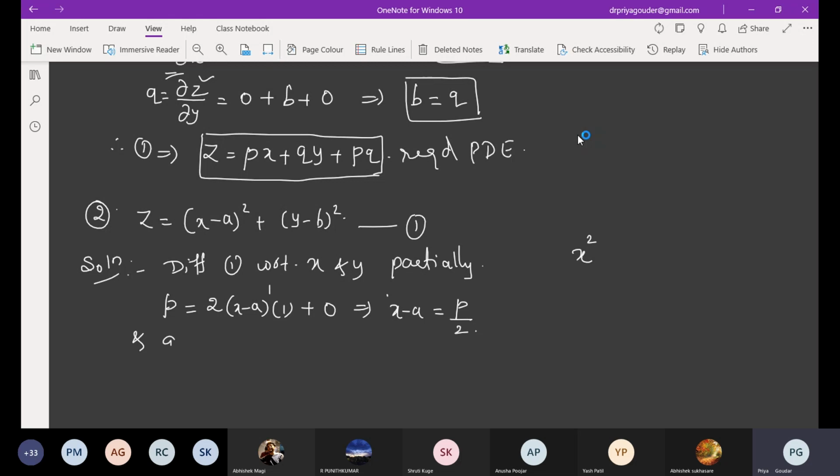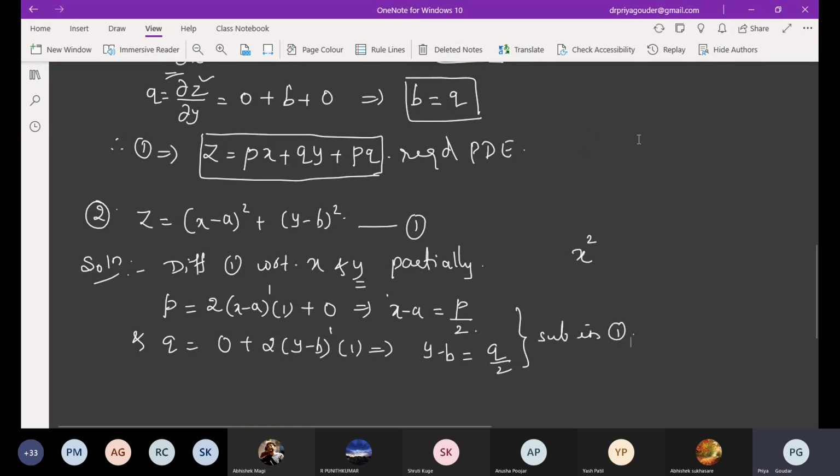Similarly, if you do it with respect to y, we will get q equal to, what is the value of the first term with respect to y? 0. Second term? What is the value of y minus b? q by 2.